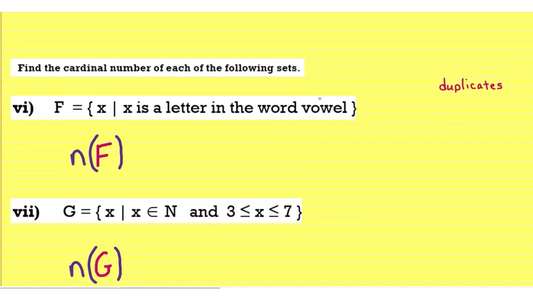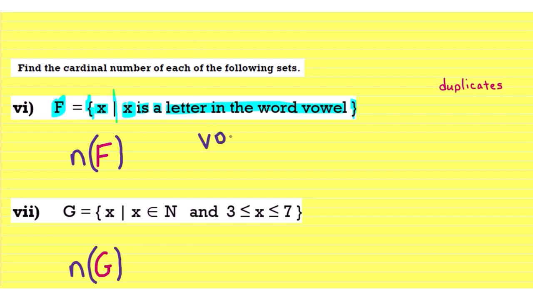Now we have set F. Set F, this is the set builder notation for a set. So it says that X, such that X is a letter in the word vowel. Okay, so it's talking about the letters that are in the word vowel.